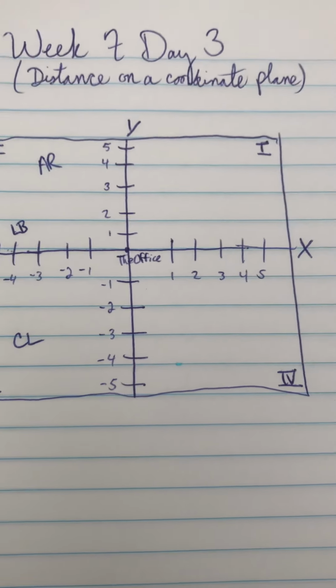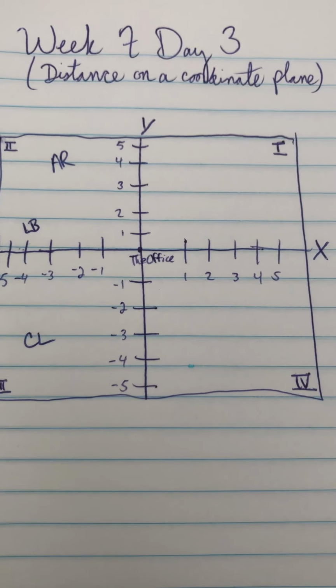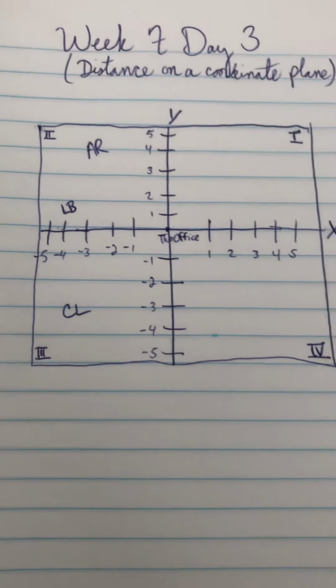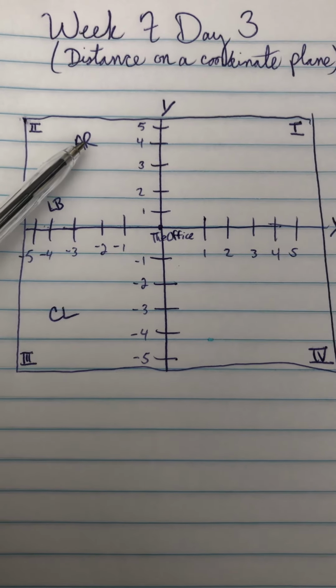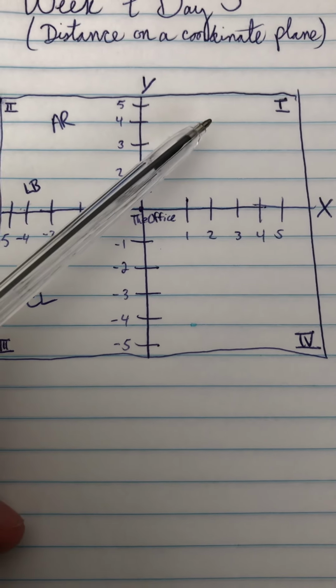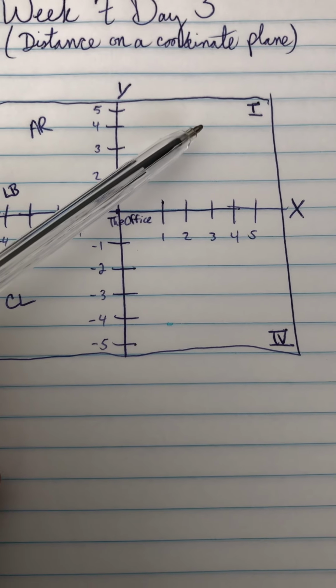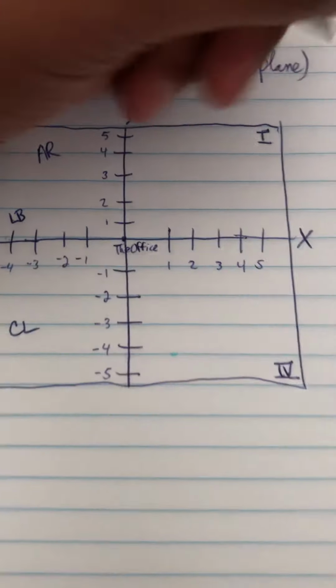The next one, the reflection. Remember that reflection we talked about of the art room across the y-axis is the location of the cafeteria. So remember the reflection has to be the same thing across the y-axis. So that one is going to be 3, 4, and that is where the cafeteria is.